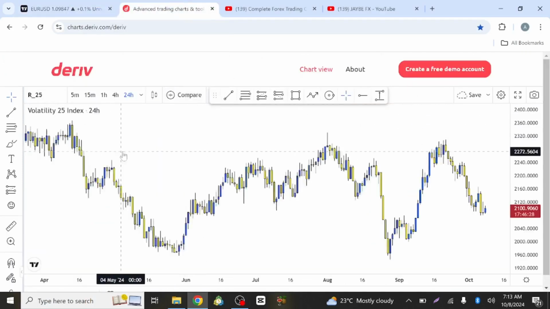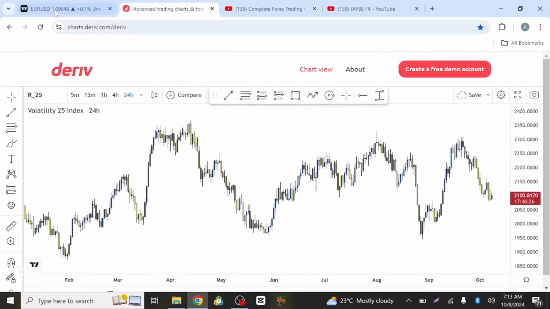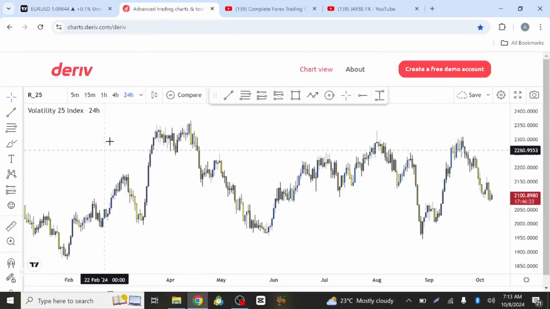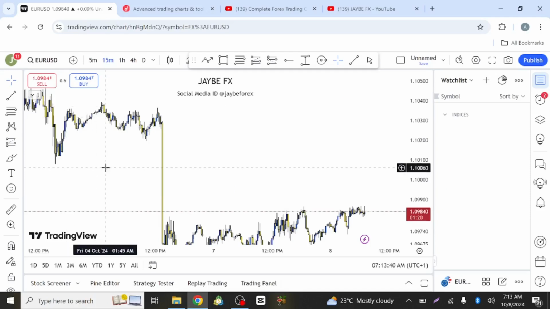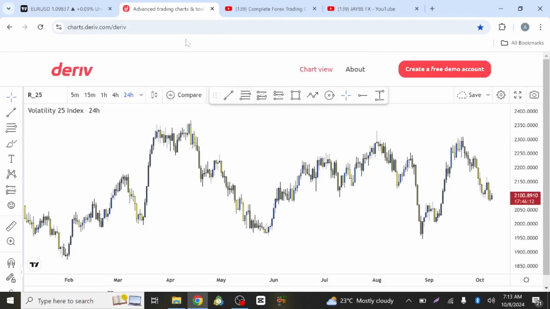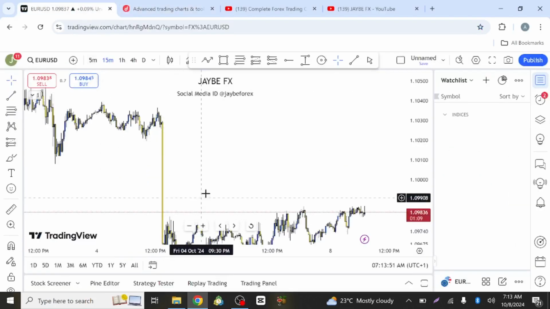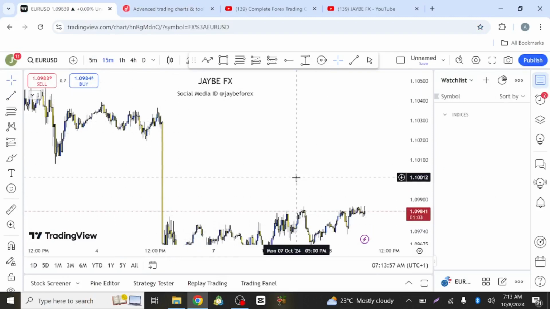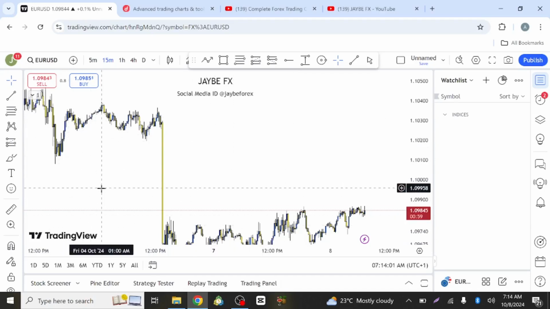Now this is deriv.com. If you want to trade synthetic, there is a way people are saying you can link Deriv indices on TradingView, but I have not successfully done that. If I successfully find out a way of linking Deriv indices to TradingView, I will let you guys know. But for now, anytime you want to analyze currency pairs like GBP USD, GBP JPY, gold, and other stuff, please do that on TradingView.